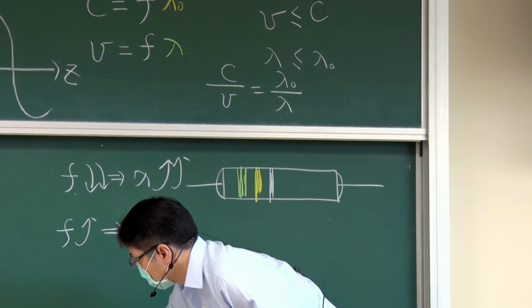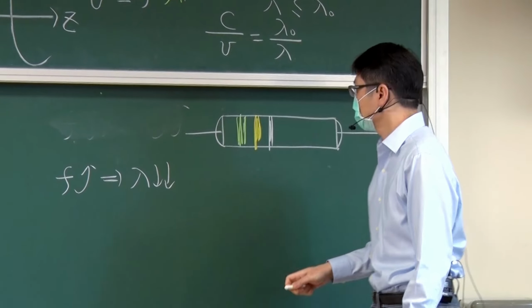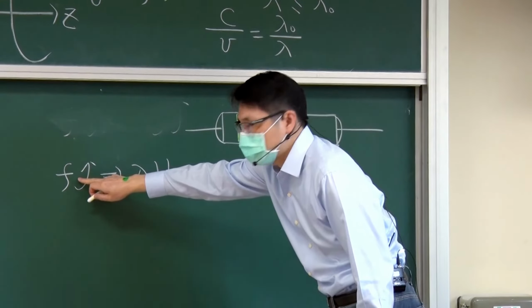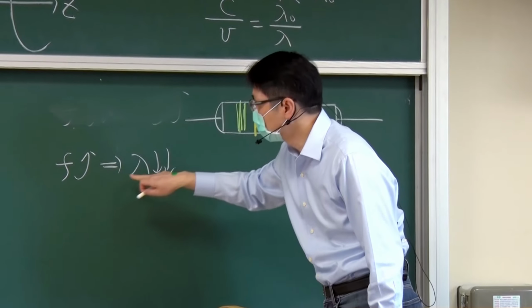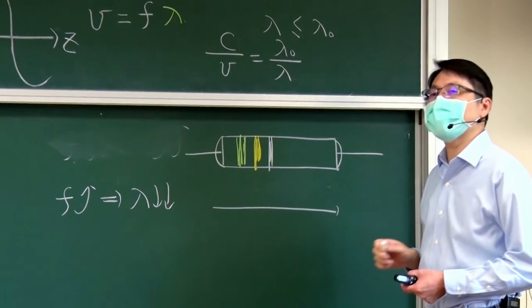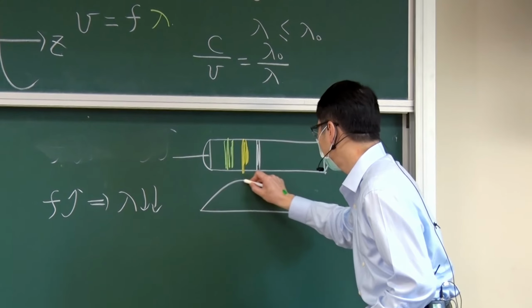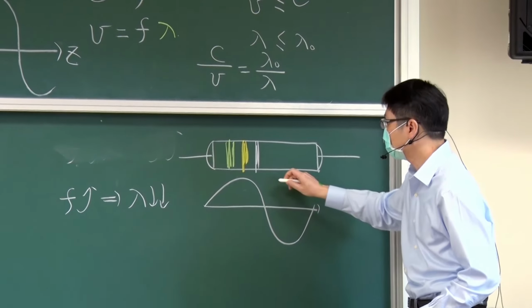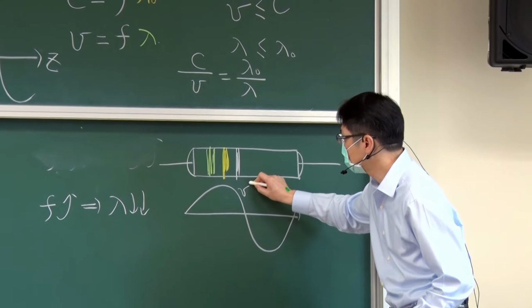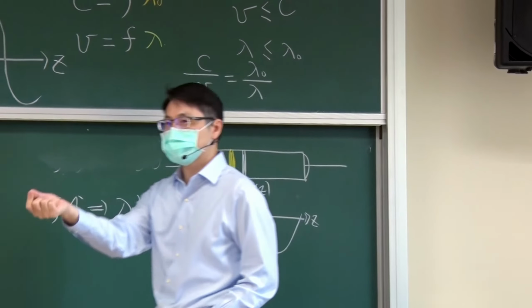Let me move to this case. Let me erase this one, and let's focus on this case. If the frequency is so high, so the wavelength is so short across the length of a given resistor, you already have some kind of voltage change as a function of distance.